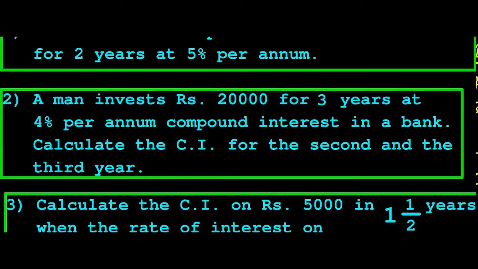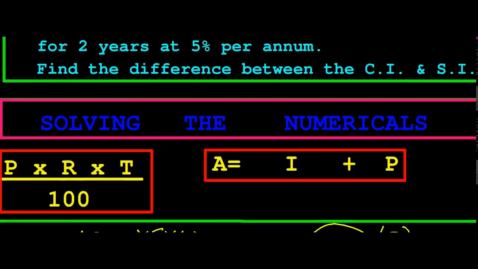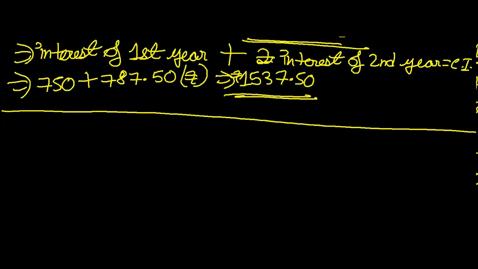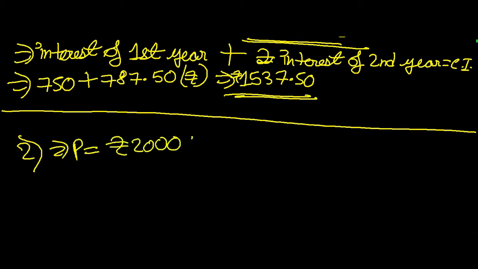A man invests rupees 20,000 for 3 years at 4% per annum compound interest in a bank. Calculate the CI, which is the compound interest for the second and the third year. So let's write the second sum here. The principal is rupees 20,000.